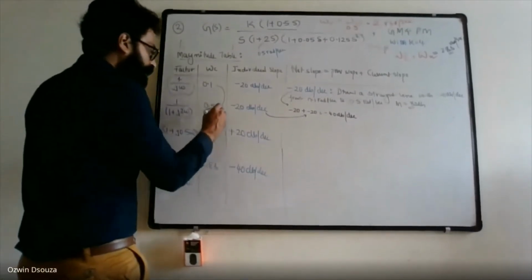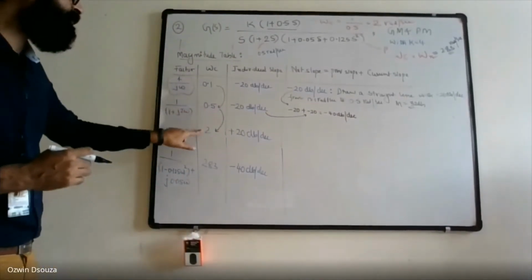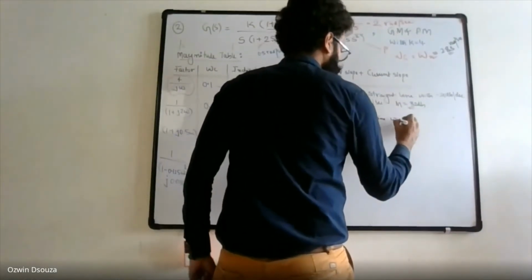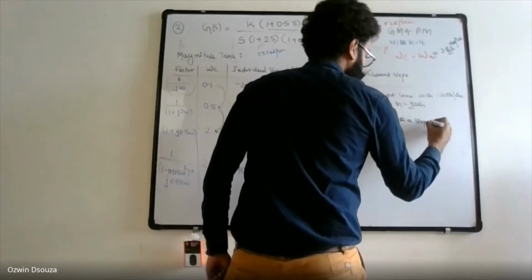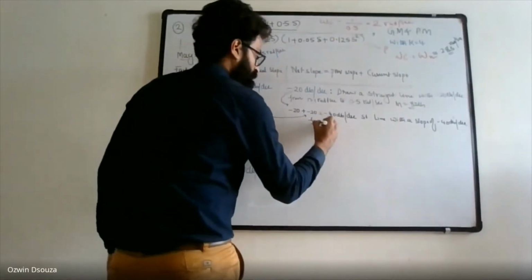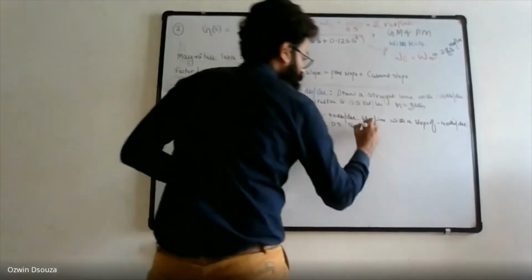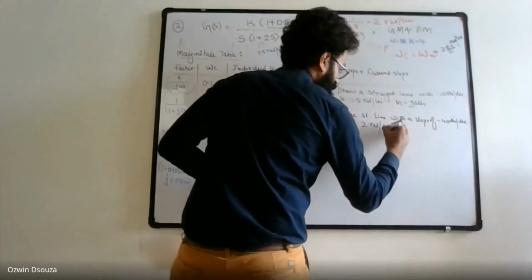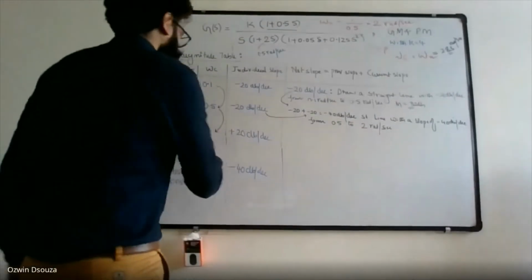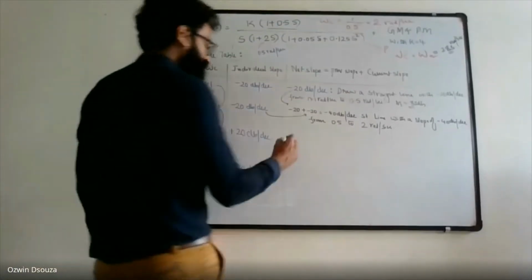So you need to draw a straight line with a slope of minus 40 decibel per decade from 0.5 to 2 radian per second. So that is the second factor.